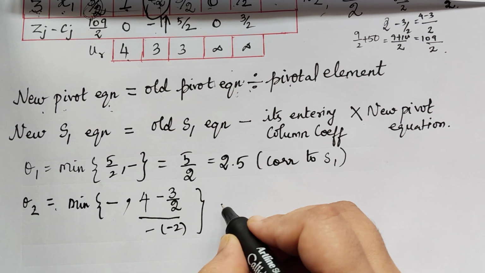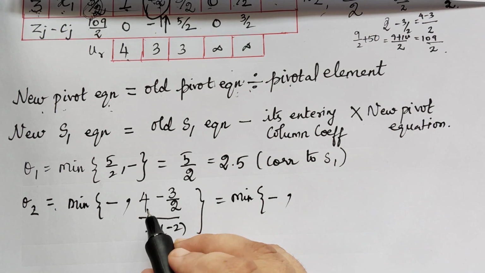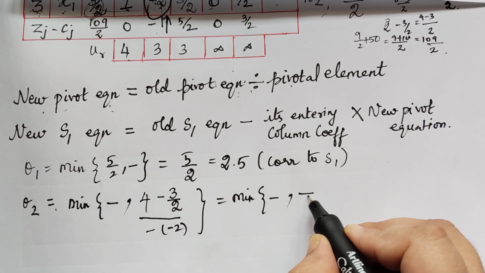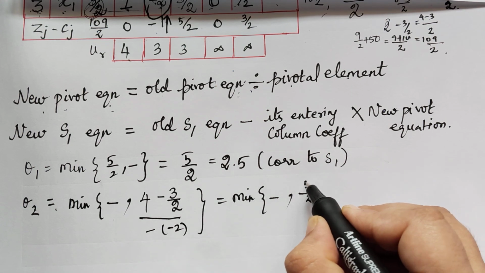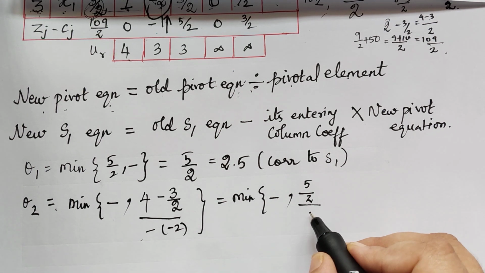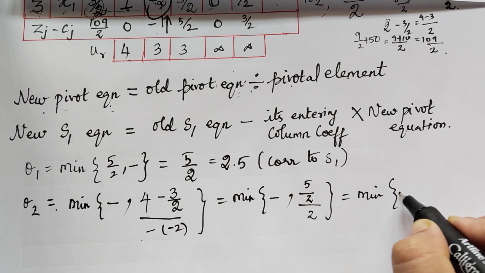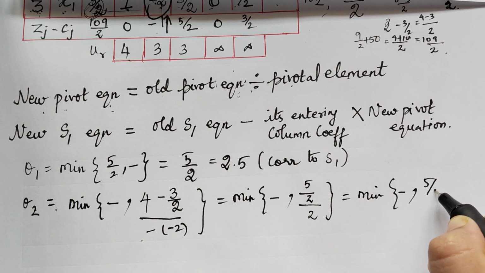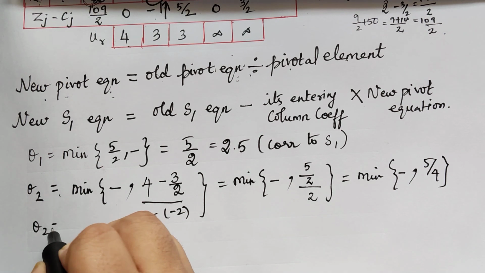So this is how we have to do. That's equal to minimum of hyphen, and what is 4 minus 3 by 2? 2 is the LCM, and 4 2 times is 8. 8 minus 3 is 5. Divided by minus into minus is plus 2. So that will be equal to minimum of hyphen comma 5 by 4. Therefore theta 2 is equal to 5 by 4.